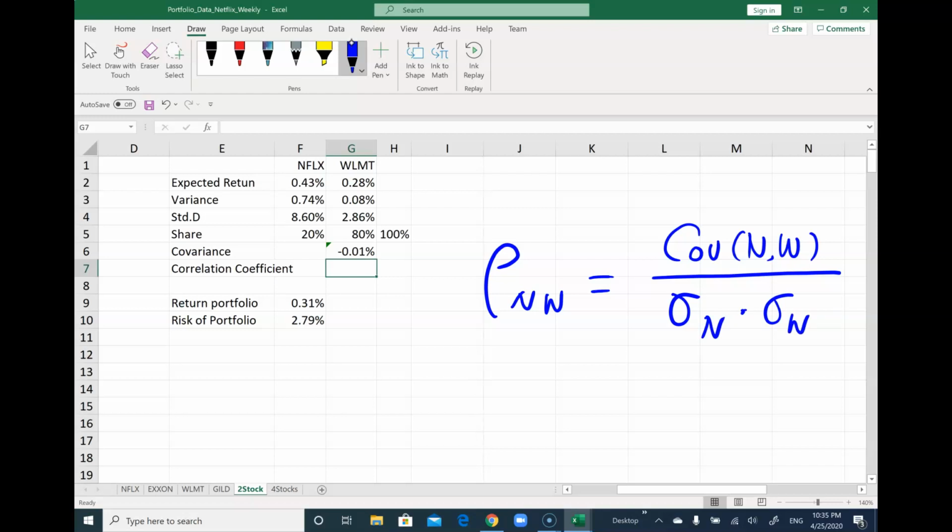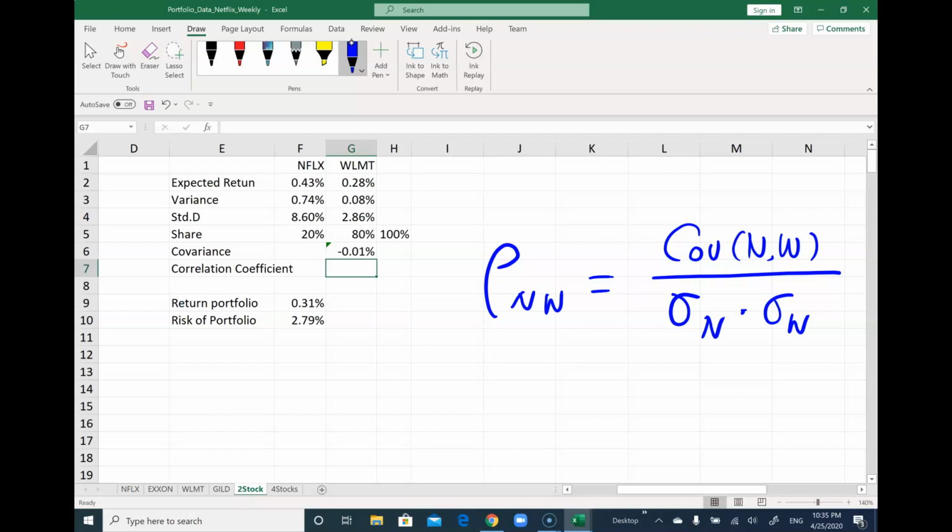The main difference between the correlation coefficient and the covariance is that covariance is unit sensitive. So when the unit of measurement changes, covariance will change. Compared to that, the correlation coefficient is not unit sensitive. It's very similar to the concept of elasticity.